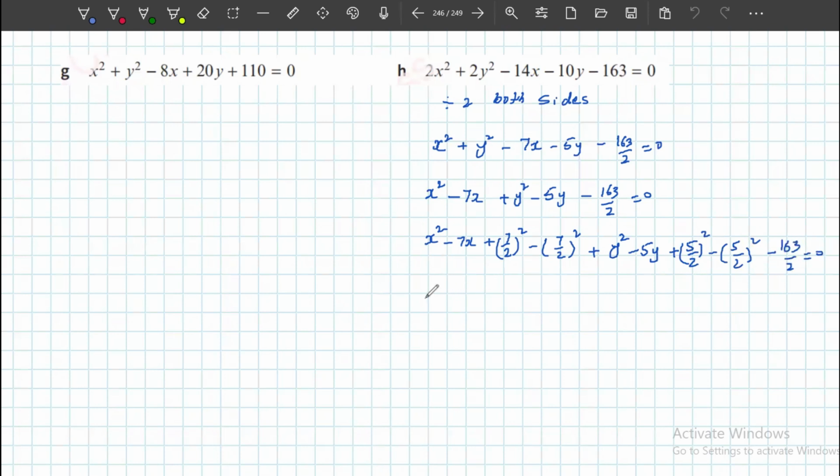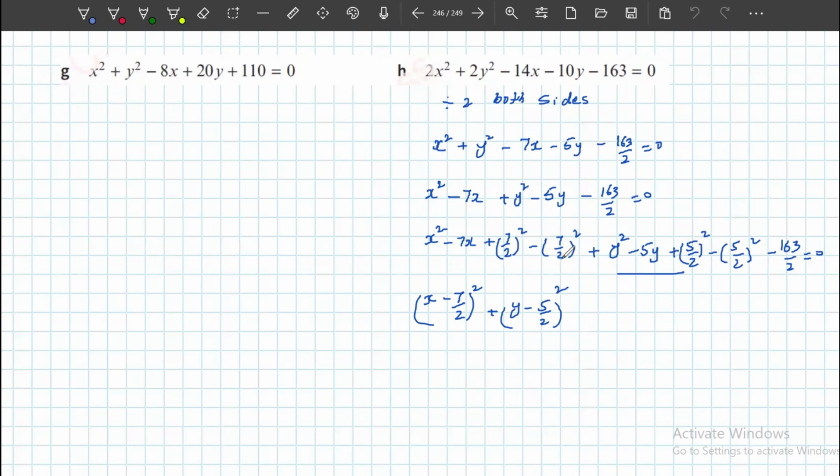So these first three terms show x minus 7 over 2 whole squared, and these three terms show y minus 5 over 2 whole squared, and then we simplify the rest.